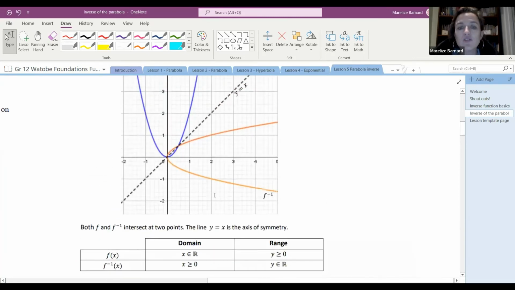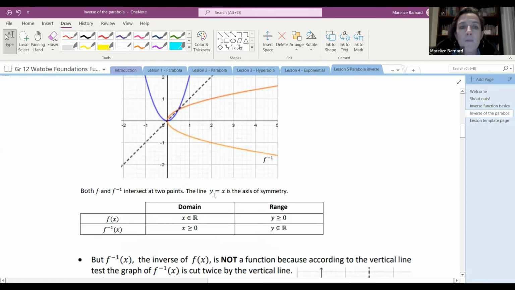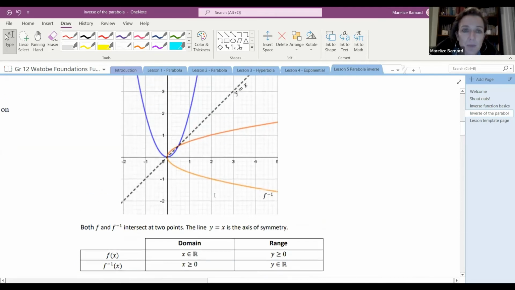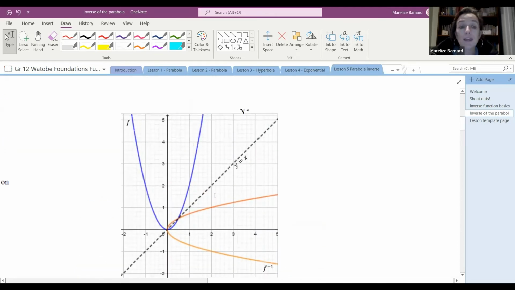So we can restrict the domain. When we restrict the domain, it means we either look only at the positive x values of the original graph or the negative x values of the original graph.